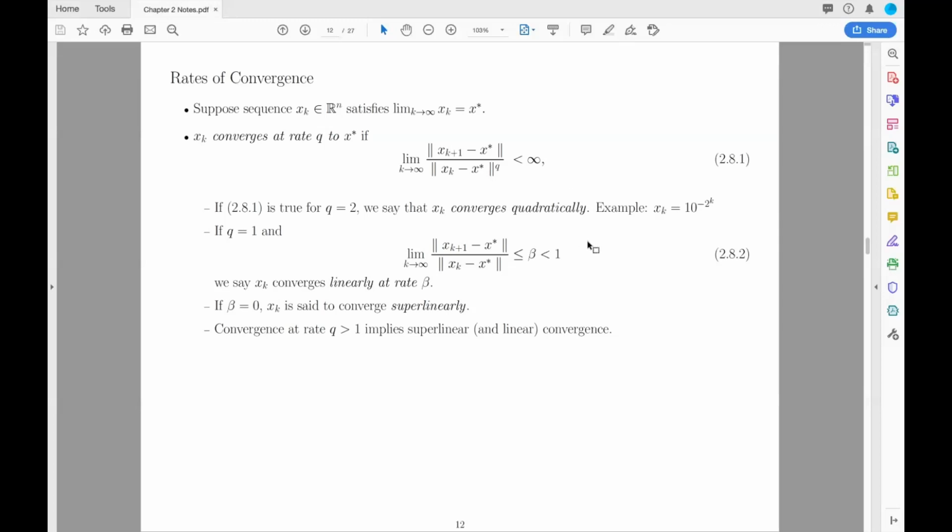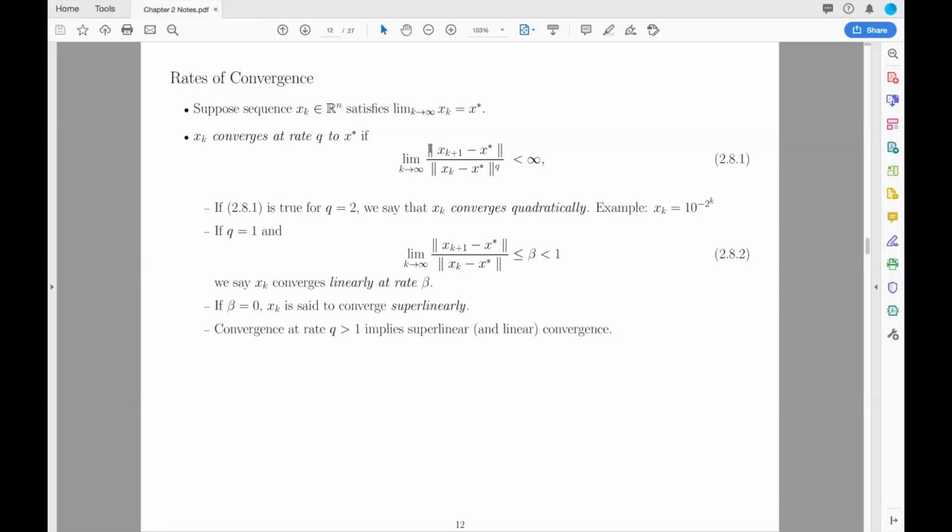Okay, good. Now, we have to understand the mathematical properties of convergent sequences. The key concept is convergence at rate q. Suppose that a sequence is converging to x star.